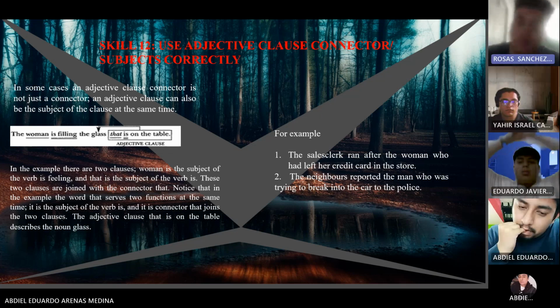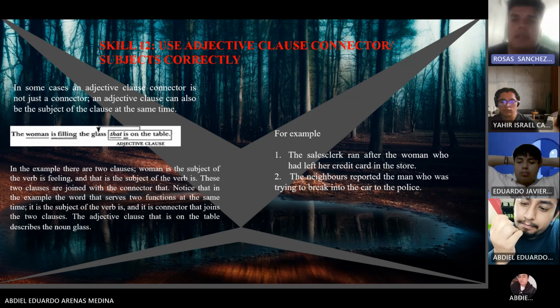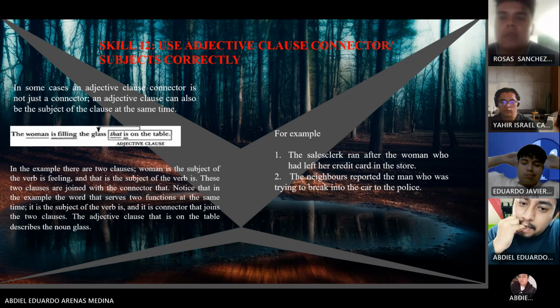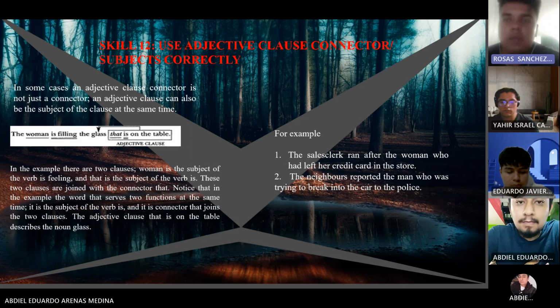For example, the woman is filling the glass that is on the table. In the example there are two clauses. Woman is the subject of the verb is filling, and that is the subject of the verb is.